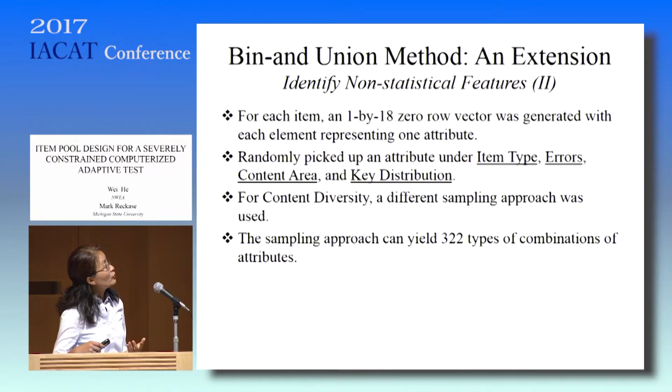So, for each item, generate a 1 by 18 vector, and then randomly pick an attribute under the item major content category. And basically, for each item, this approach needs to yield about 322 types of combinations of all the non-statistical attributes.